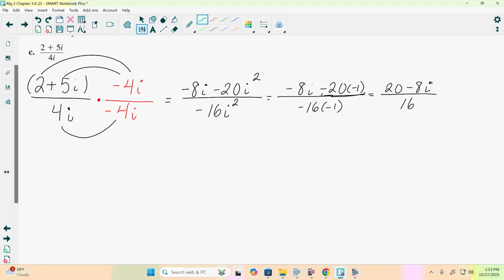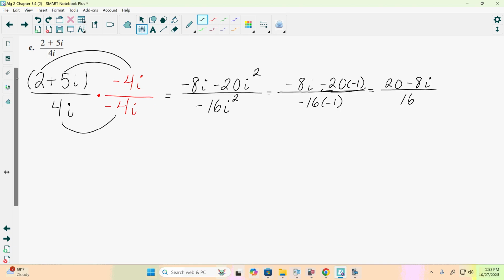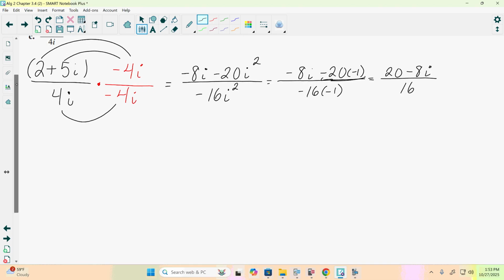Now I'm going to move it to the front. Because we wanted a plus bi form, we want the real number in front, our imaginary term second, giving us 20 minus 8i over 16. Now, if it wasn't in standard form, we would split those two numbers apart into two separate fractions with the same denominator. So we'd have 20 sixteenths minus 8 sixteenths i.